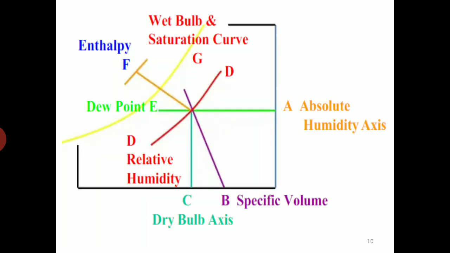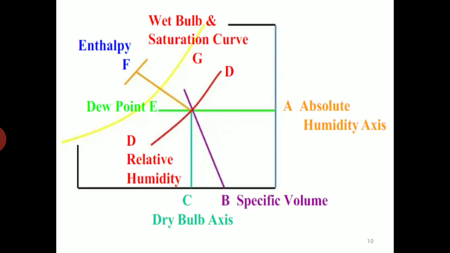So this is the skeleton of the psychrometric chart. Point A indicates the specific humidity W. W values can be calculated on this line through point A. Then point B talks about specific volume lines, that is V. To calculate V, the specific volume lines are slightly inclined lines, the purple color line, B. Then C indicates the dry bulb temperature.